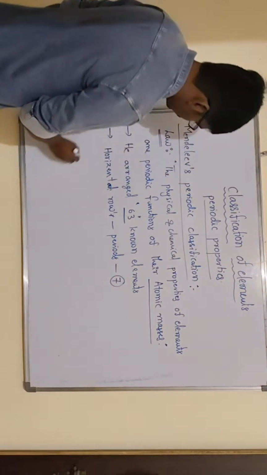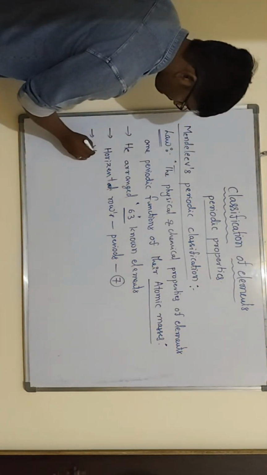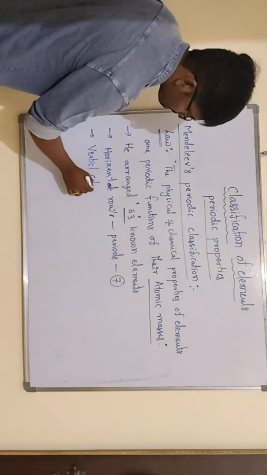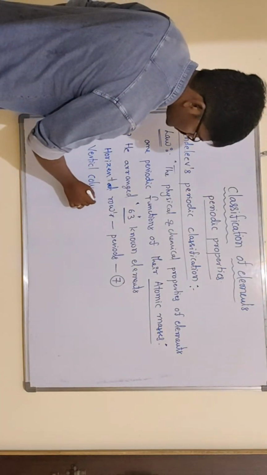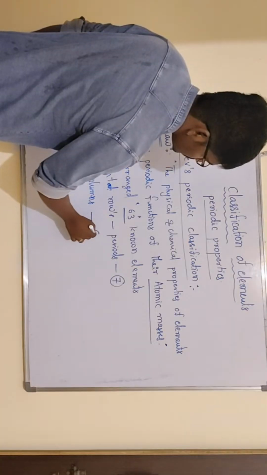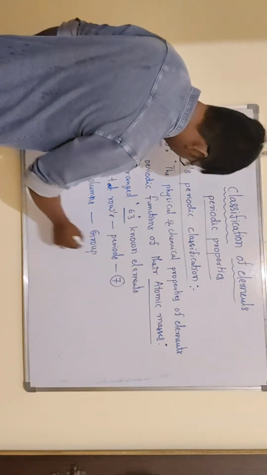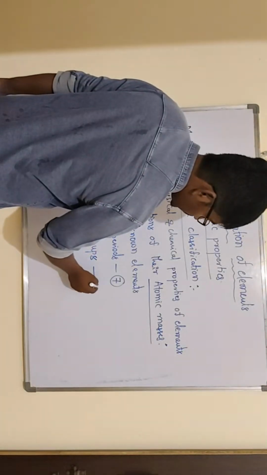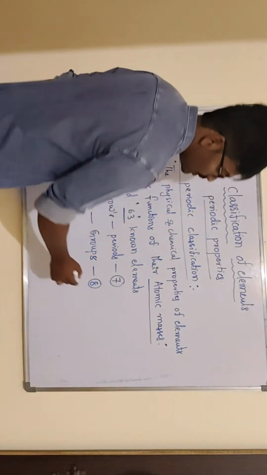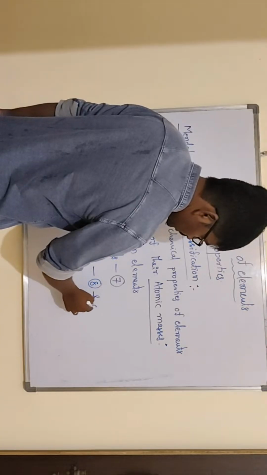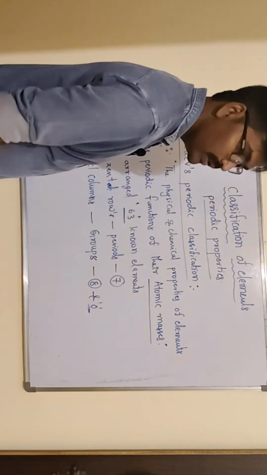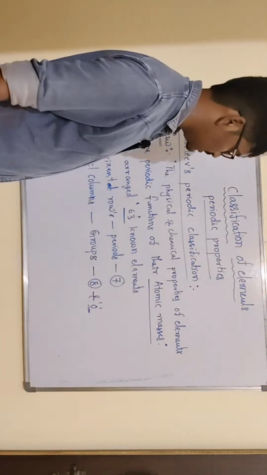Vertical columns are called groups, and there are 8 groups. Including the 0 group also. Remember, 0 to 8 are present.